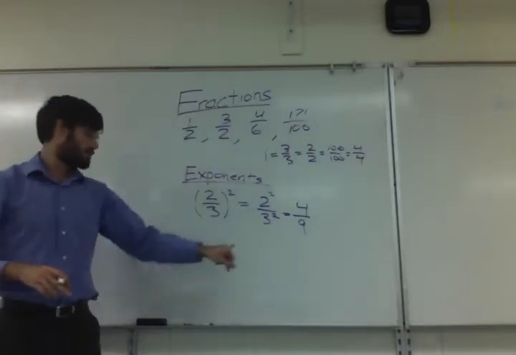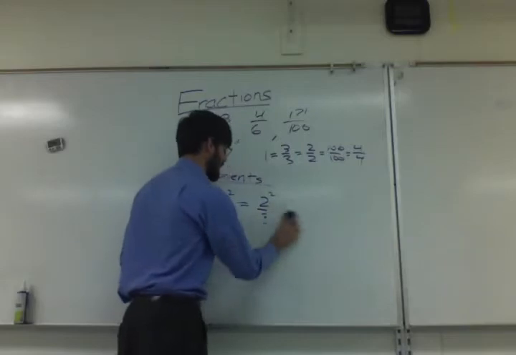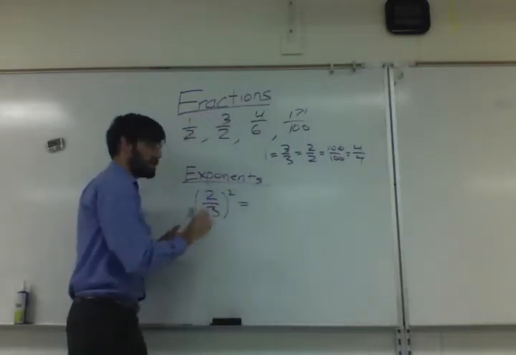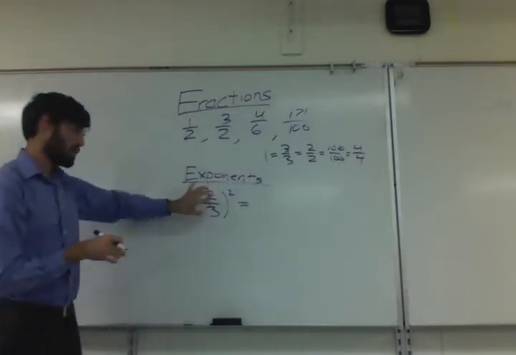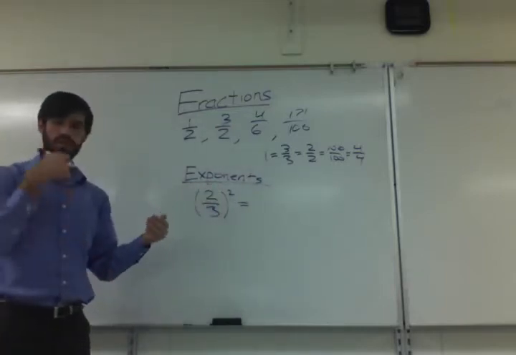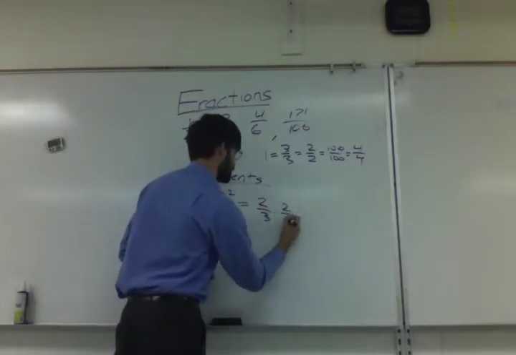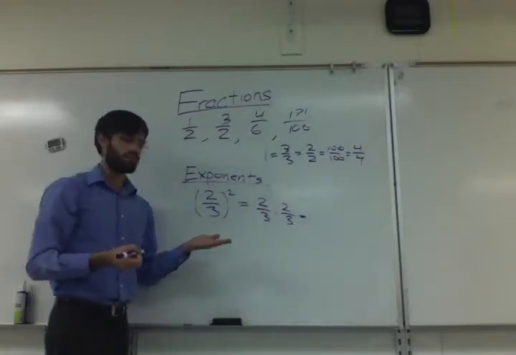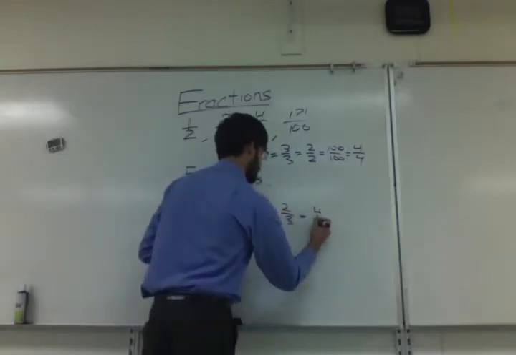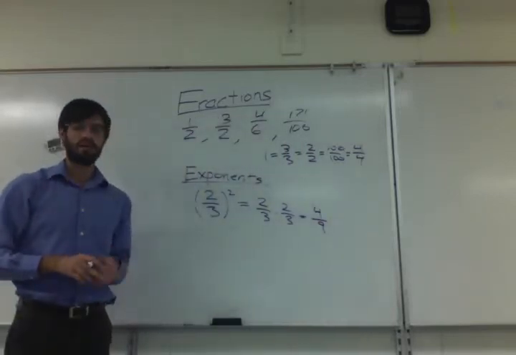And just to point out, this way of doing it, distributing that 2, works out the same as what the exponent means by its definition, which is to multiply whatever number this is. When we're squaring something, we do the number times itself. So that would be 2 over 3 times 2 over 3, which is going to give me 2 squared over 3 squared if we follow the rules of multiplication. So I'll have 4 over 9 if I approach it that way too.